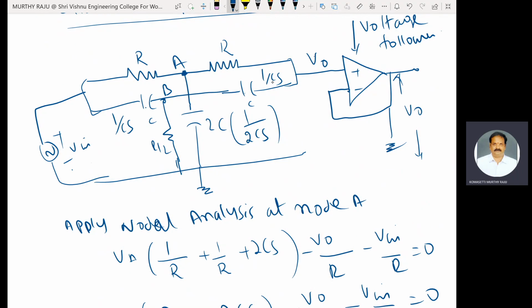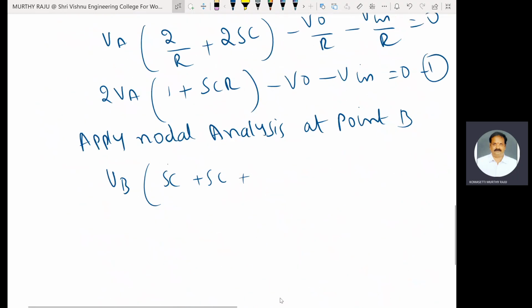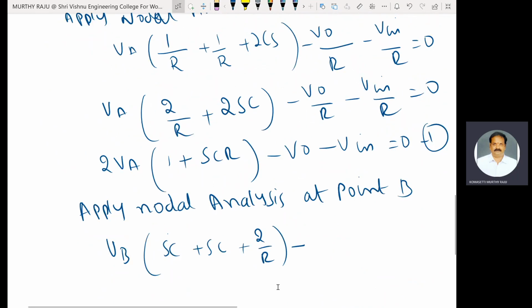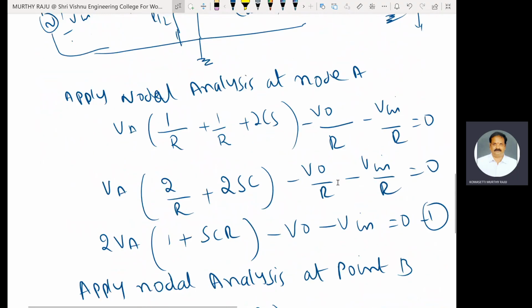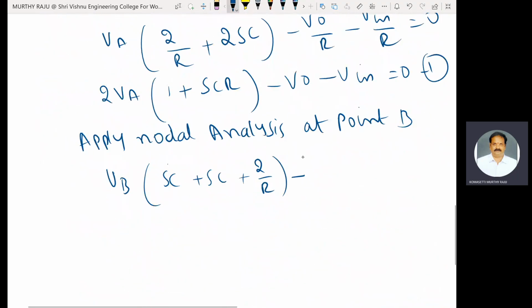Considering admittance, CS plus CS and 1 by R by 2, that is 2 by R, minus Vin into SC, minus V0 SC is equal to 0.